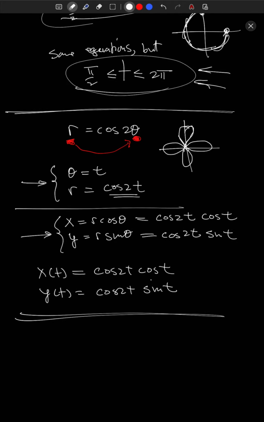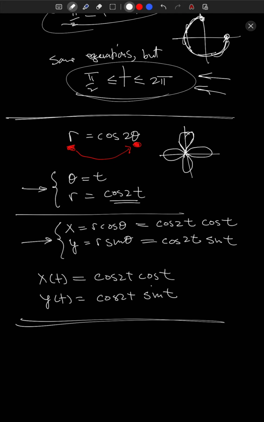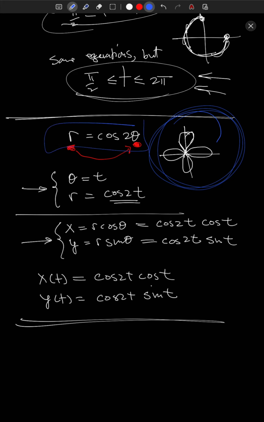Okay, and again, this is super useful because studying this flower right here is not necessarily very easy using polar coordinates, right? Because we don't have as much intuition for polar coordinates. Studying it in terms of x and y is going to be a horrible mess, right? Because we know that this guy here has a very complicated graph.